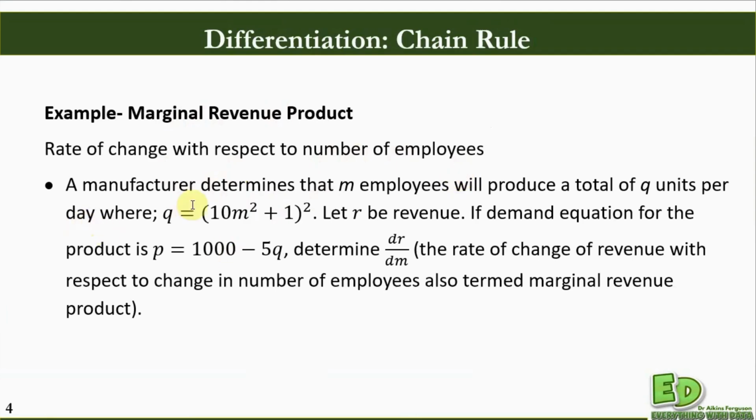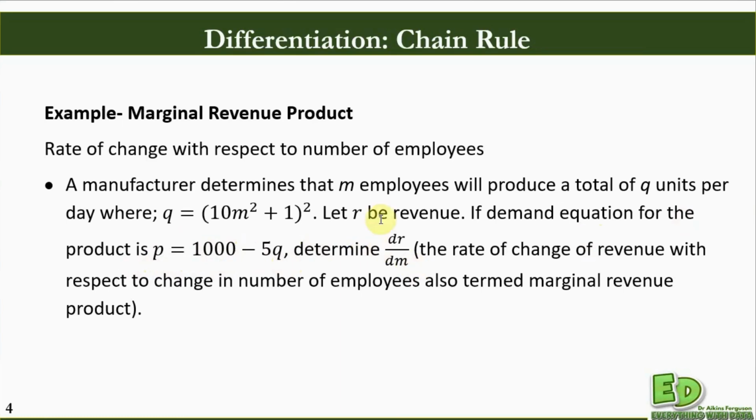A manufacturer determines that m employees will produce a total of q units per day, where q, which is quantity, is equal to 10m squared plus 10, all squared. Let R be revenue. If the demand equation for the product is P is equal to 1000 minus 5q.